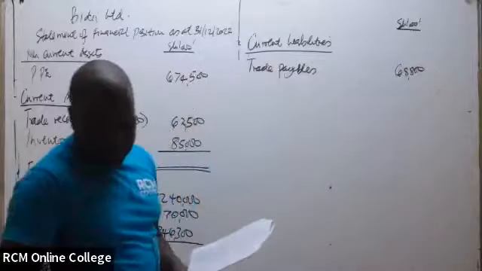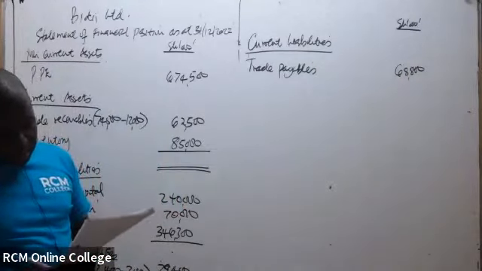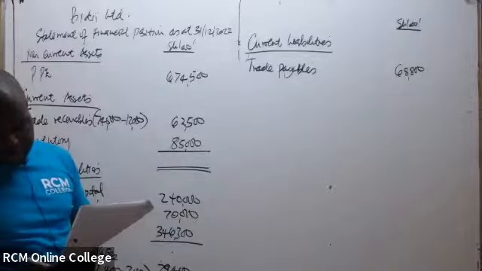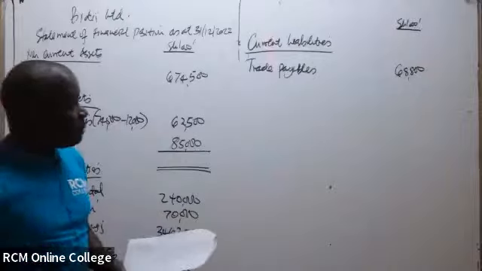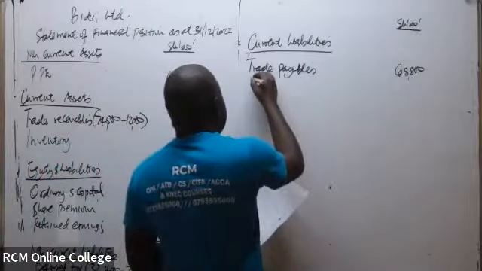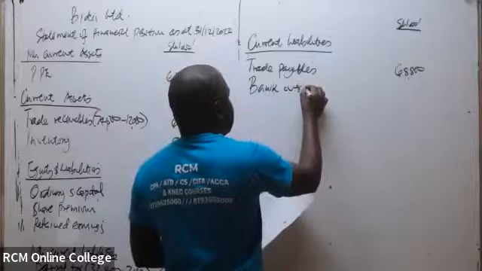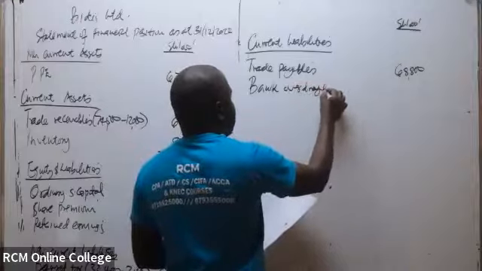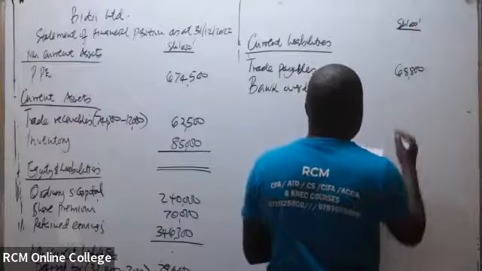Then we have the bank balance, which our friend was talking about. The bank balance is on the credit side, so that is what we call a bank overdraft of 15,500,000.